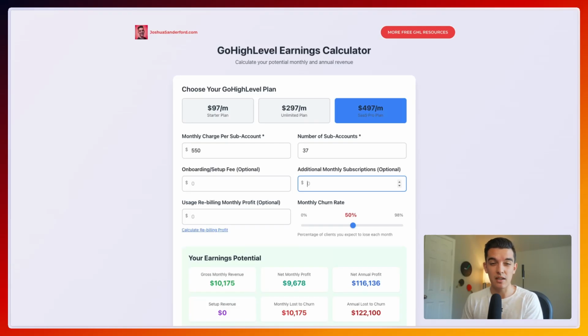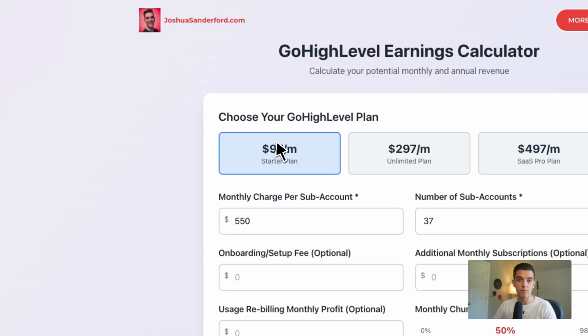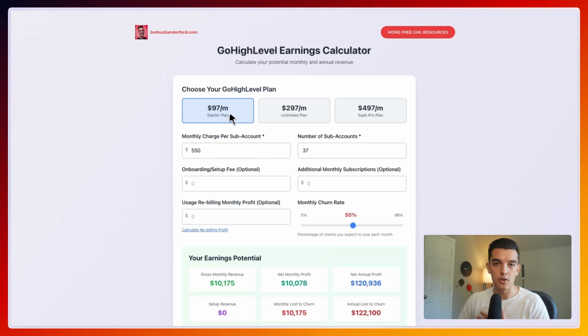Because I don't believe that new High Level agencies, people starting off, especially if you're like me 2.5, 3 years ago, and you're starting off in the $97 a month plan, I don't think you should be spending like $500, $1,000 or $3,000 to get this thing all set up. I think you can start with one plan, get 1 or 2 paying customers and service them really well for a little while, and then you can eventually add on some additional services.